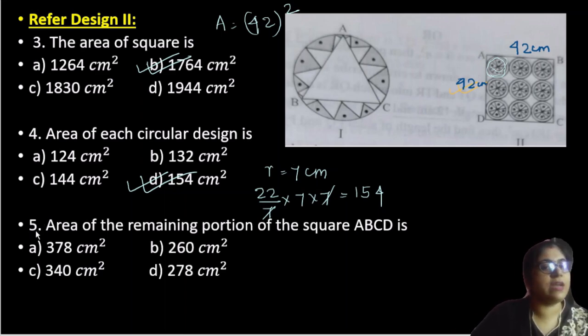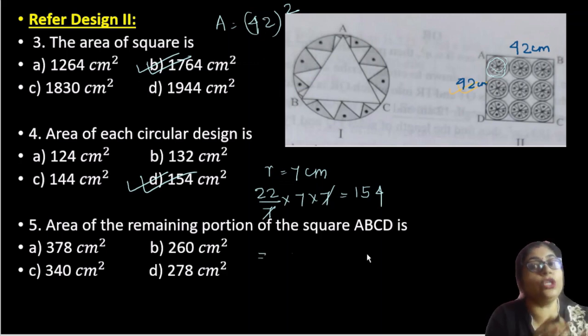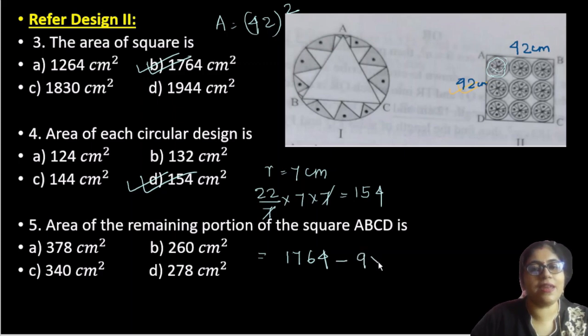Then question number 5, area of the remaining portion of the square ABCD is, so this is equal to total area of the square minus area of 9 small circles. So area of the square we know is 1764 centimeter square minus 9 into 154.